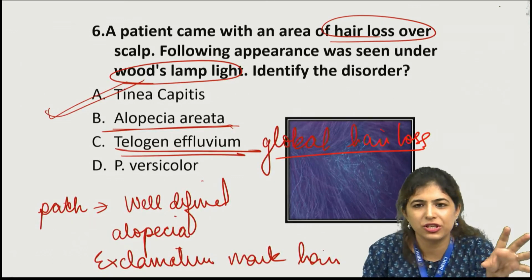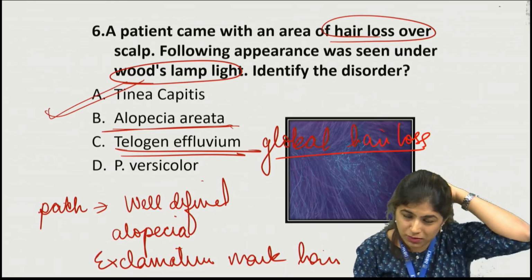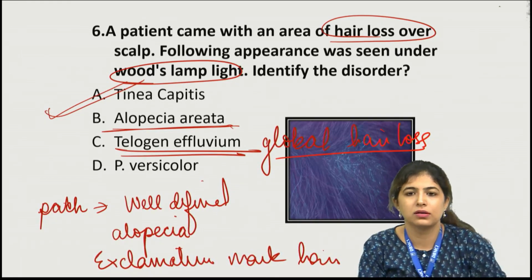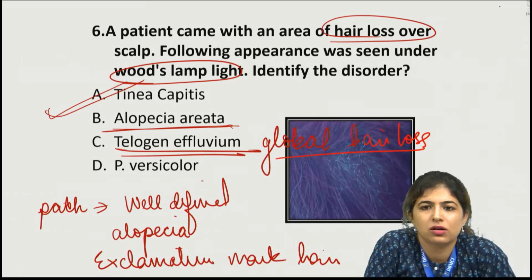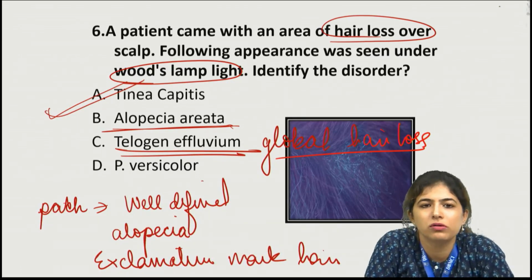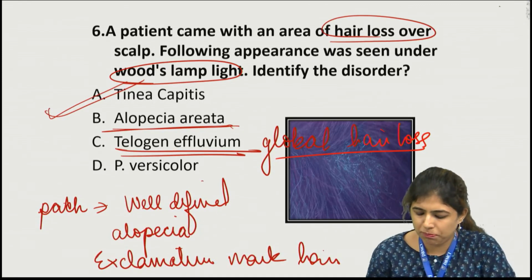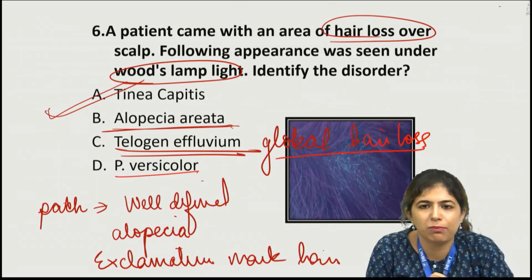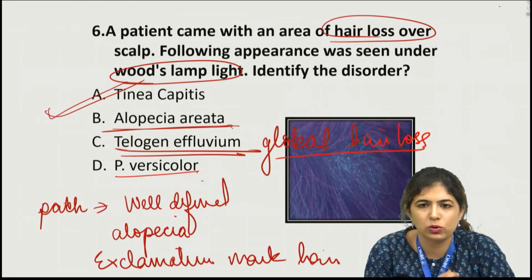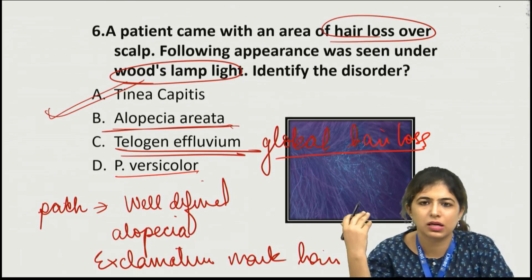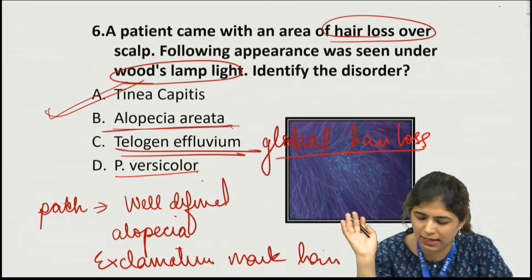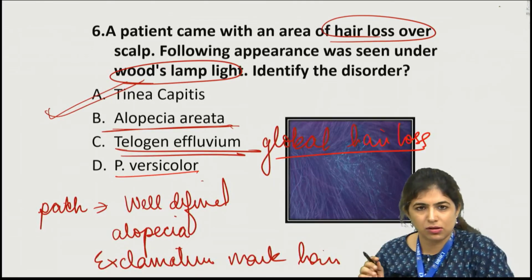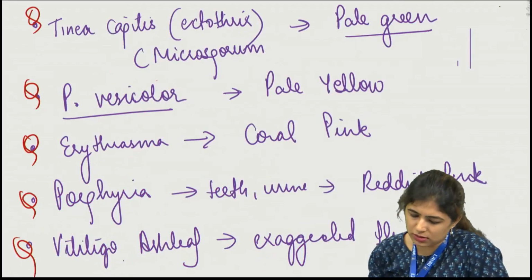There is no patchiness happening here. It is hair loss from the entire scalp. Causes of which may be depending on whether it is acute telogen effluvium or chronic telogen effluvium. P. versicolor, multiple hyperpigmented scaly macules on the upper chest, upper back, giving pale yellow fluorescence on Wood's lamp. Even by exclusion, we come to this diagnosis.